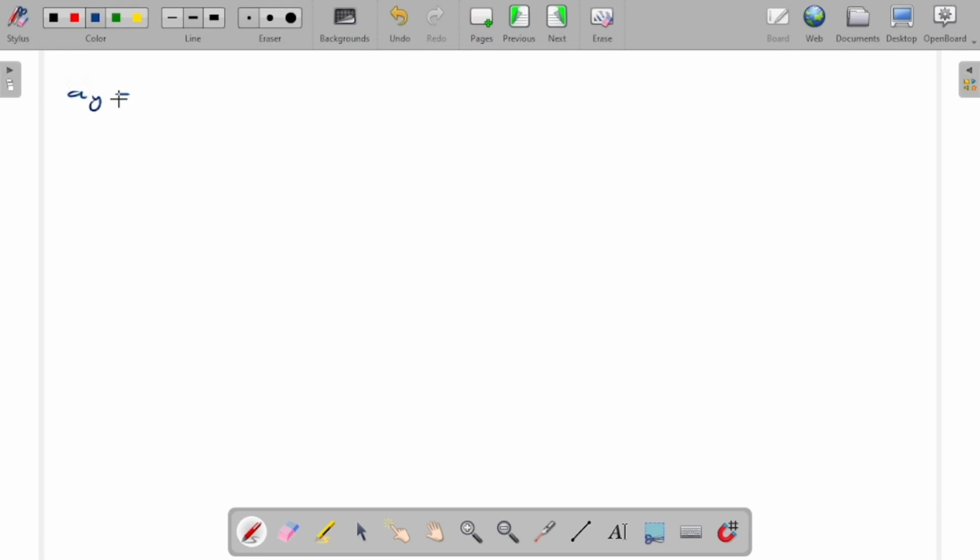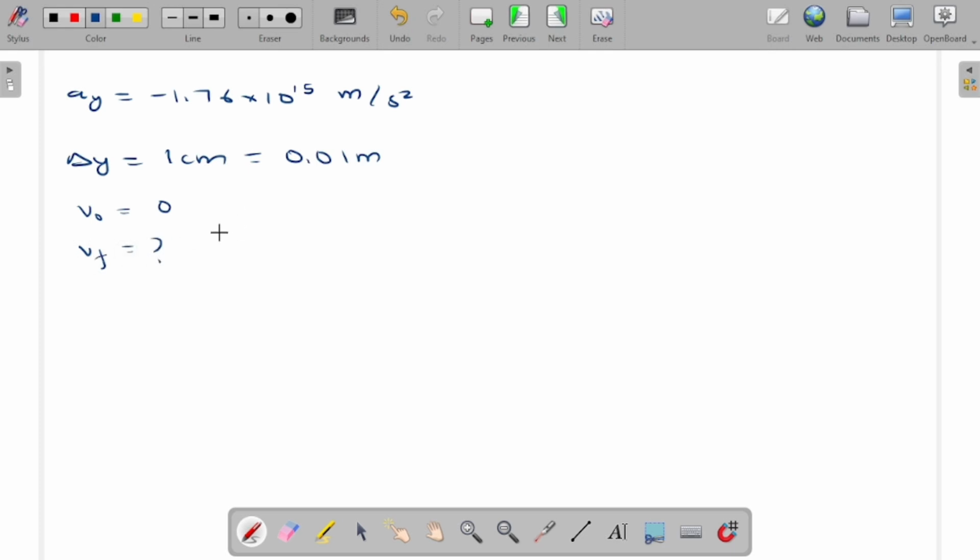Our acceleration is positive 1.76 times 10 to the 15. Our delta y is equal to 1 centimeter, which is 0.01 meters. What else? Our V naught is 0. Our V final is what we are looking for.